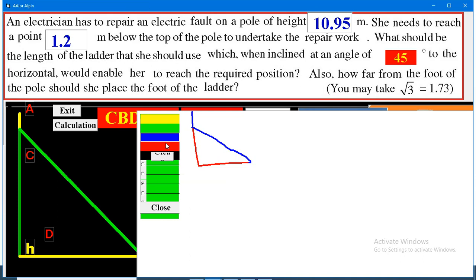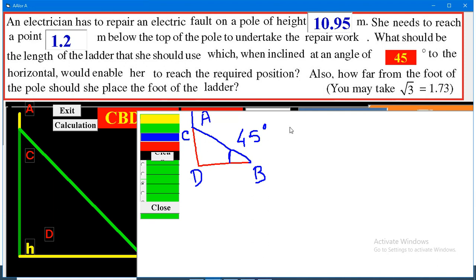So now we know that this angle is now 45. This is the point C. This is the point D. This is the point B. And this is now A.